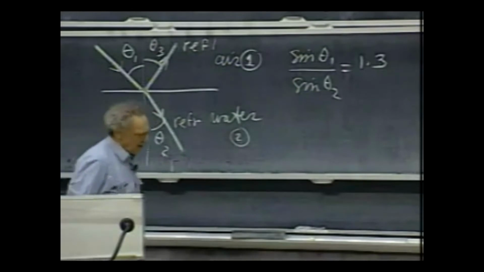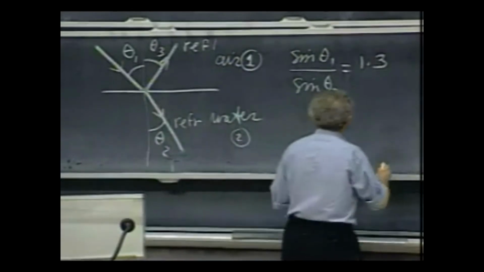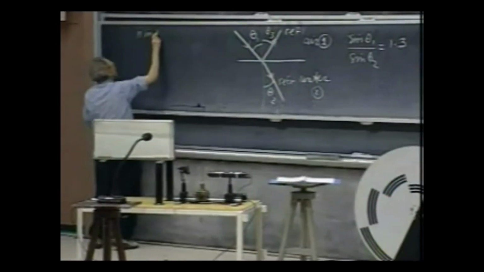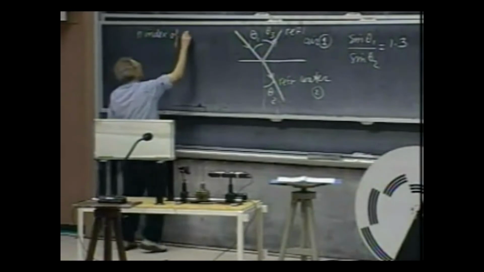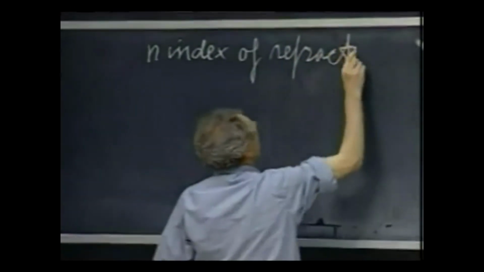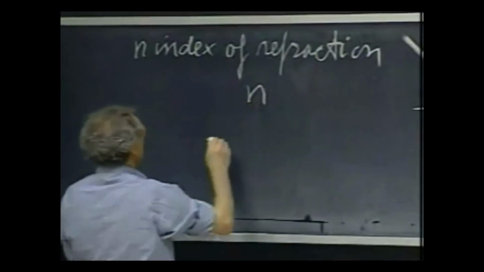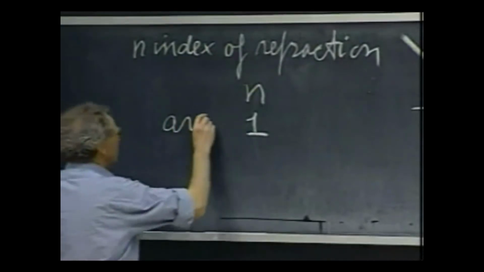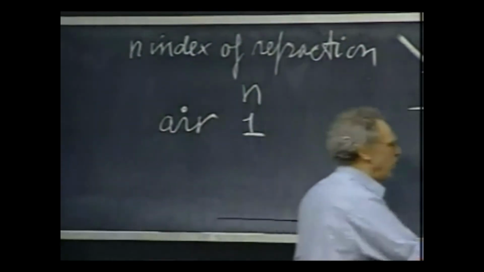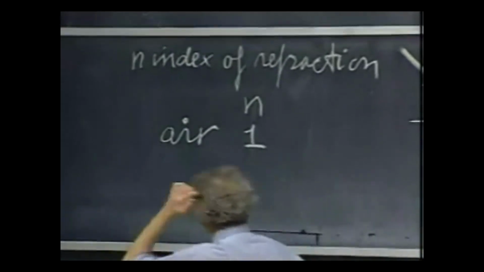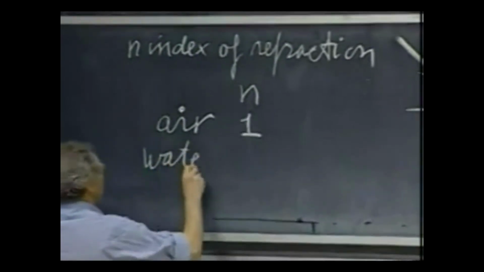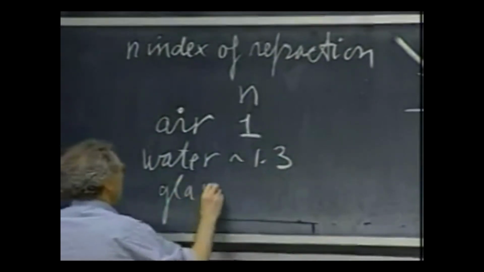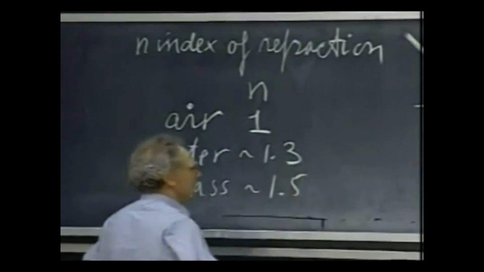He introduced the idea of index of refraction, which I will call N, as in Nancy. For vacuum, the index of refraction by definition is 1, but it's very closely the same in air. We always treat it as 1 in air. And in water, the index of refraction is approximately 1.3, and in glass, depending upon what kind of glass you have, it's about 1.5.